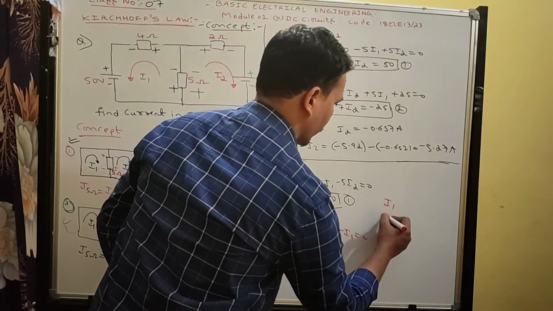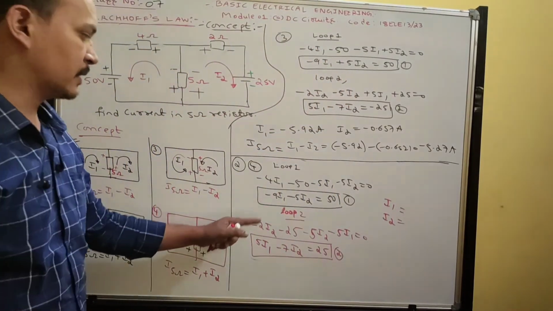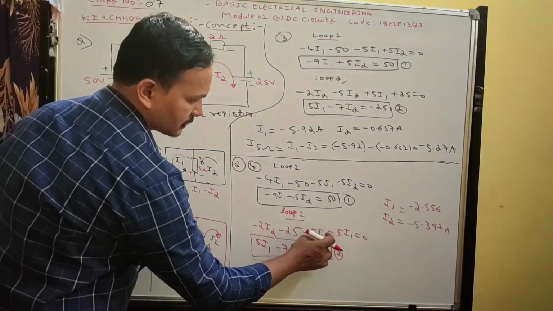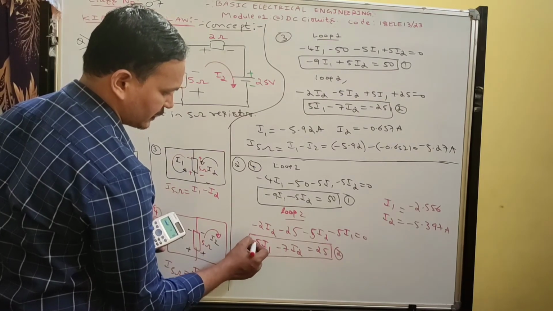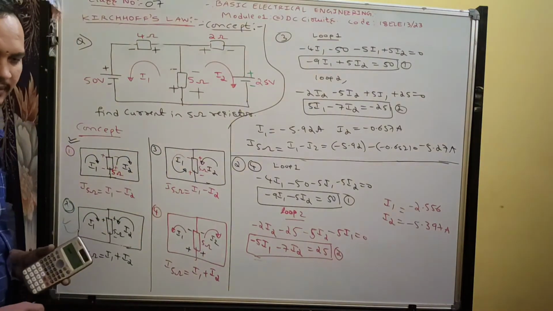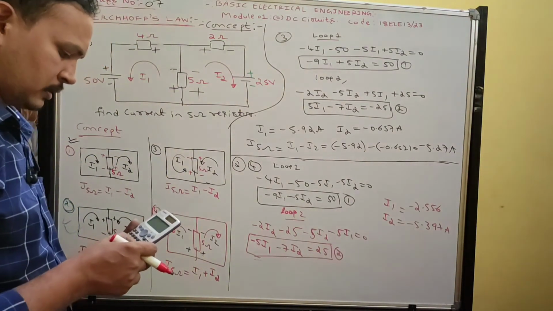So solving equations 1 and 2, what will we get? Let's see. You should get the same answer, 5.27. What is missing? See, minus 5I1. Okay, so I should take minus, so group this as minus 5I1. So we will get minus 5, then we can solve it.